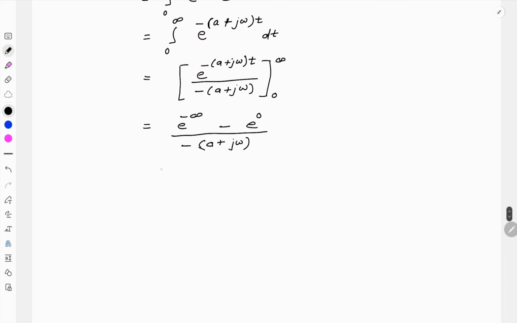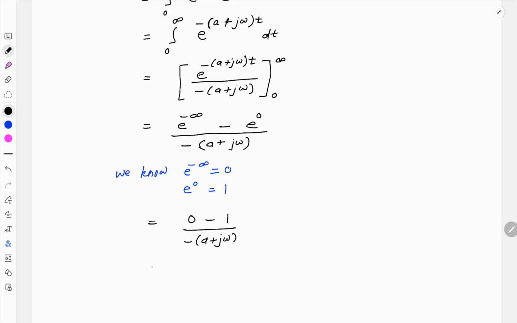So let us simplify it again. So we know that e raised to minus infinity is 0 and e raised to 0 is 1. So this equation becomes, so e raised to minus infinity is 0. So 0 minus 1 divided by minus of a plus j omega.